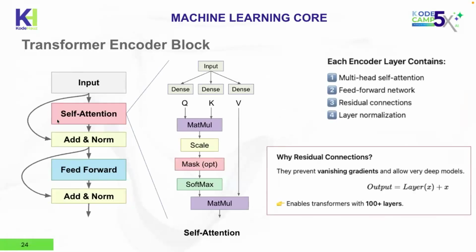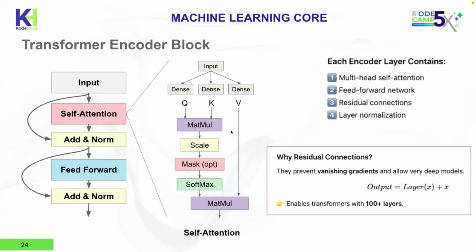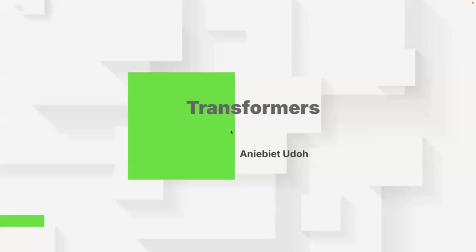Where you see the self-attention we just talked about, which is basically this projection, QKV, and all of this Matmul, scale, mask, softmax. And same thing with decoder. So we are going to talk about this and then we'll go to implementation. But yeah, that's a preview.